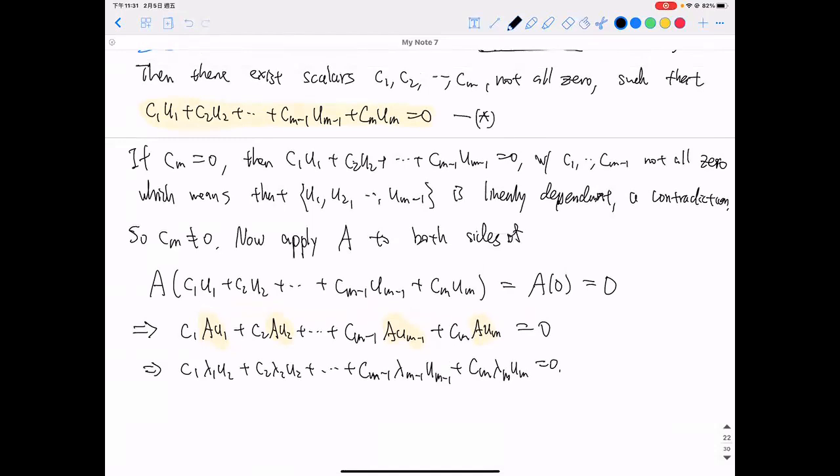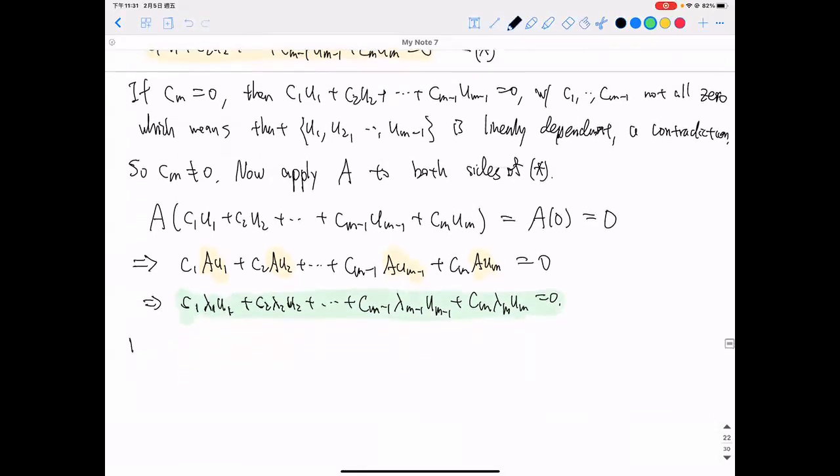And of course, what I just did, I applied A to both sides of the equation star, and I get a new equation, C1 lambda1 U1, C2 lambda2 U2, and so on. Very well.